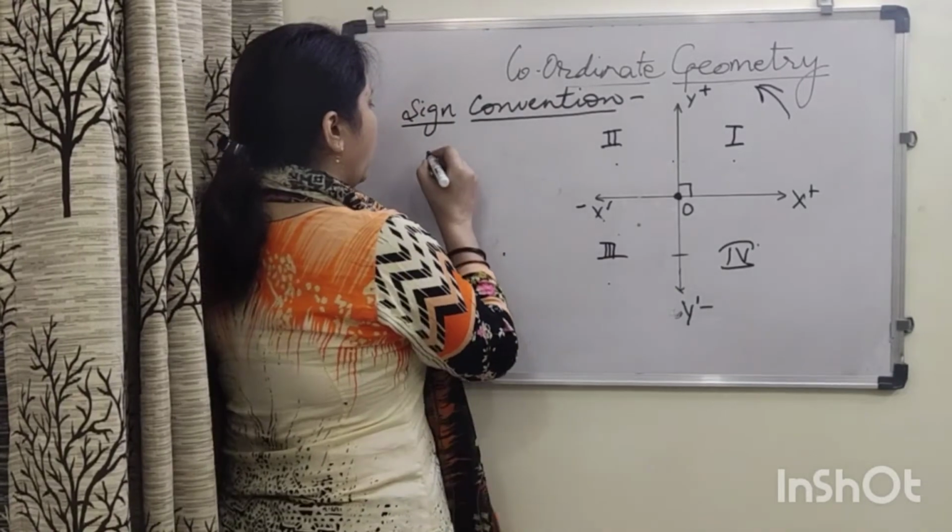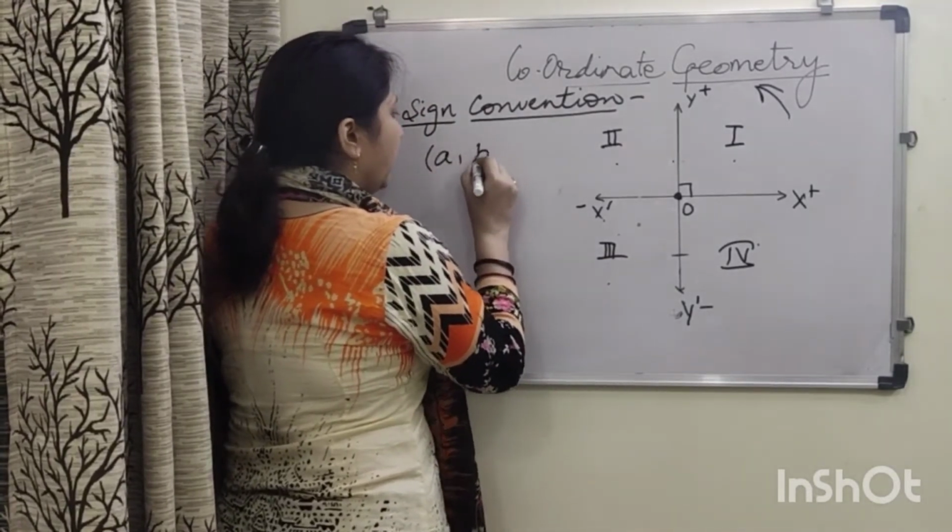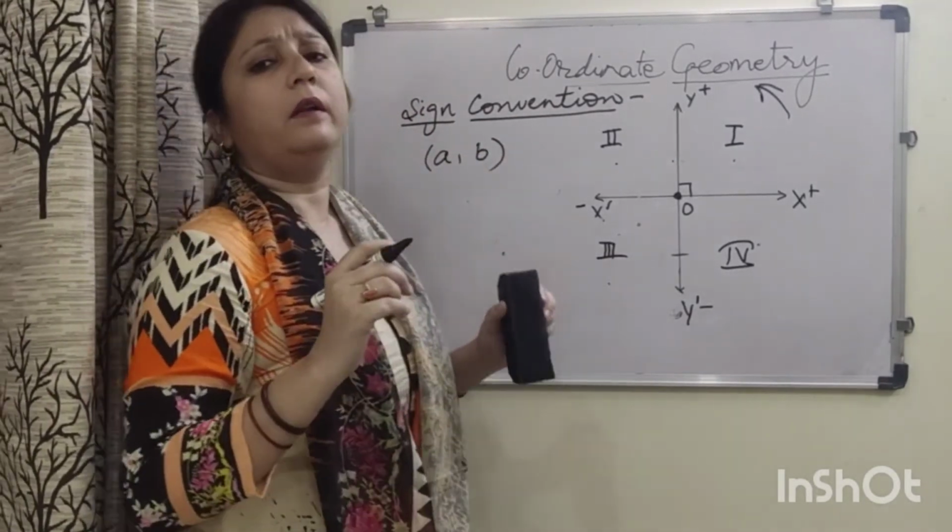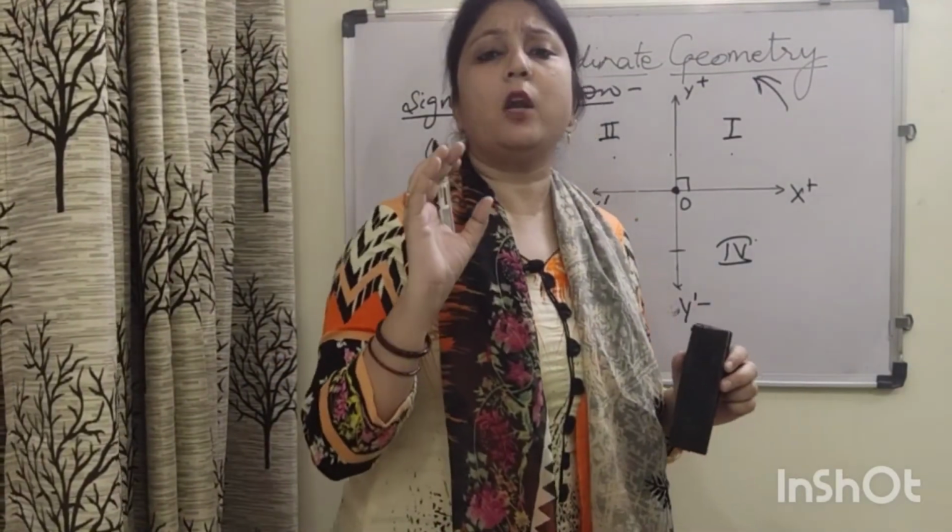Children, as I told you, the coordinates of a point are represented by an ordered pair.